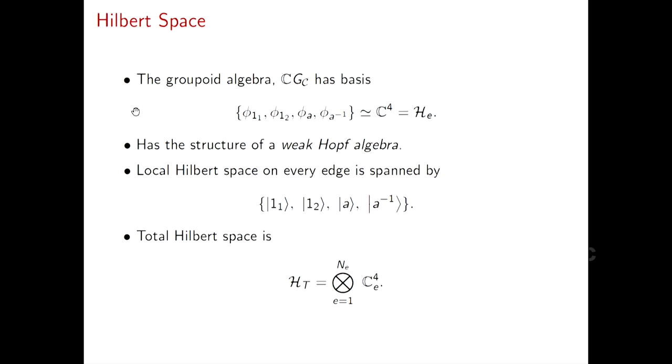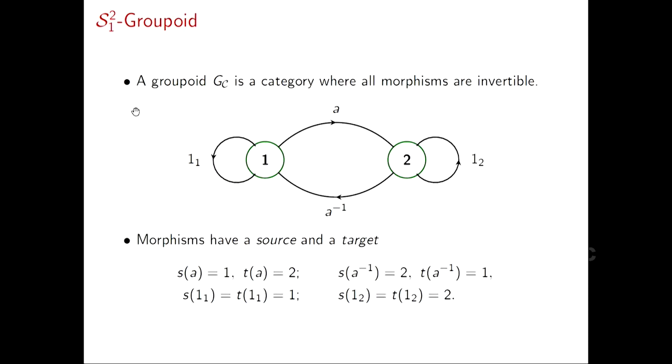Now I'm going to remove the phi's over here to simplify the notation, and I will say that the local Hilbert space on every edge is spanned by these 4 elements: 1, 1, 1, 2, A and A inverse. Here I also want to make a quick remark about the groupoid structure, which is the fact that this 1, 1 and 1, 2, in some sense, are like the identities.